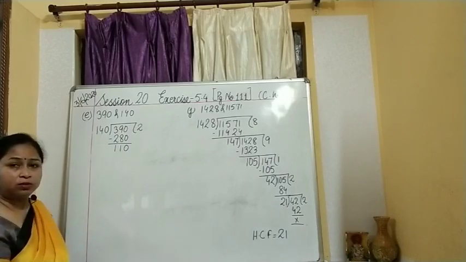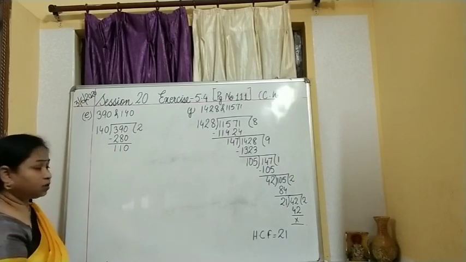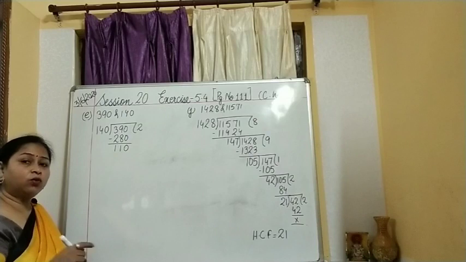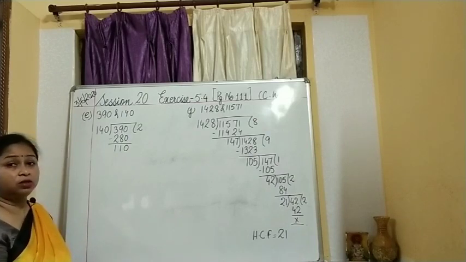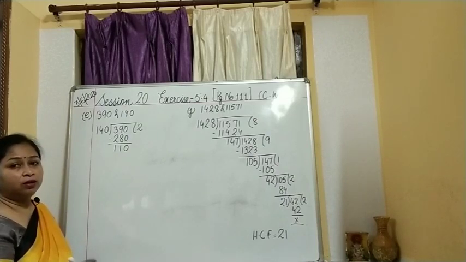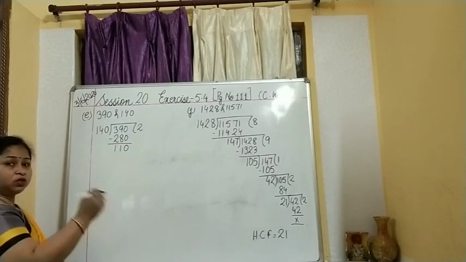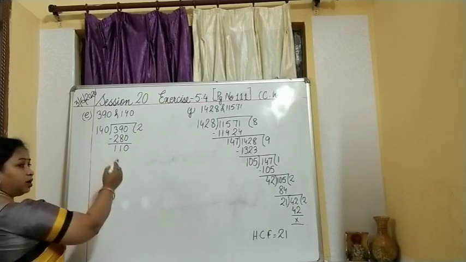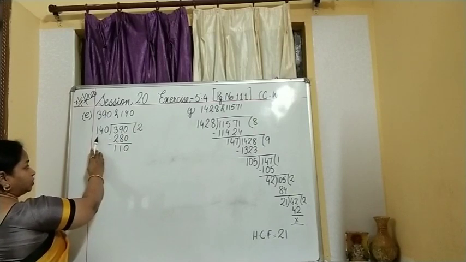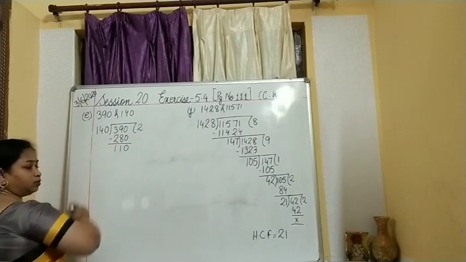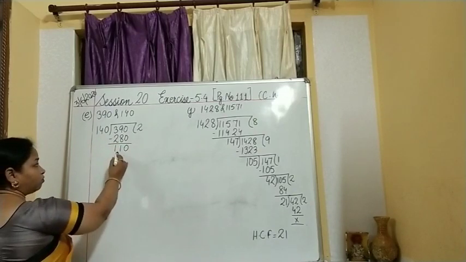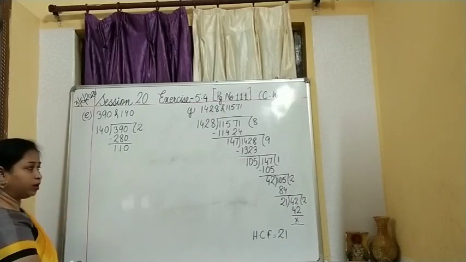What about this? Is the division completed? No. You have to go on doing the division till you get 0 as a remainder. Okay. So now the changes will start. Till now this is the divisor, this is the dividend. And you have got 110 as the remainder.